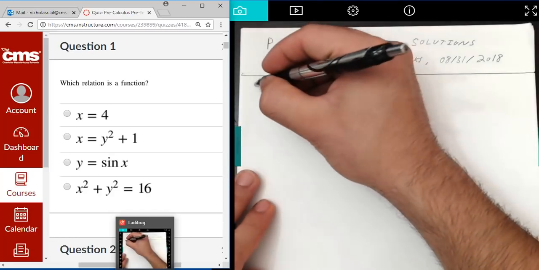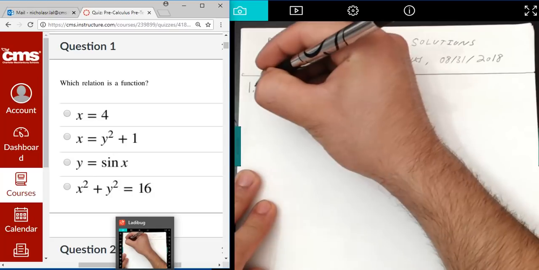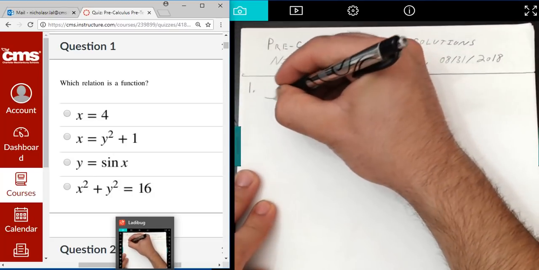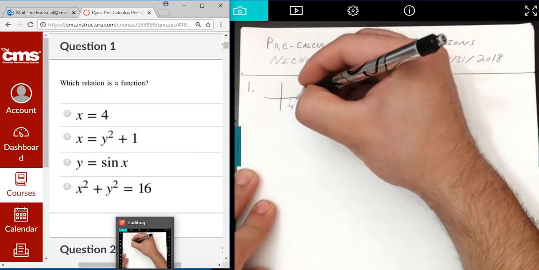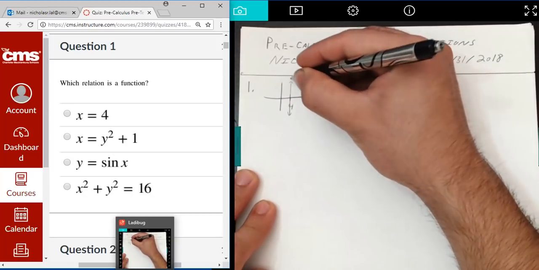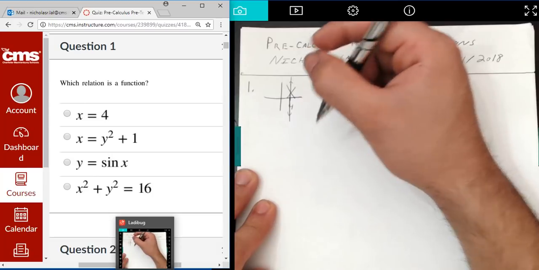So I'm going to look at question 1, and I'm going to look at the different functions. Well, x equals 4. When x equals 4, that's going to be a straight line. That's going to fail the vertical line test, so that's not a function.